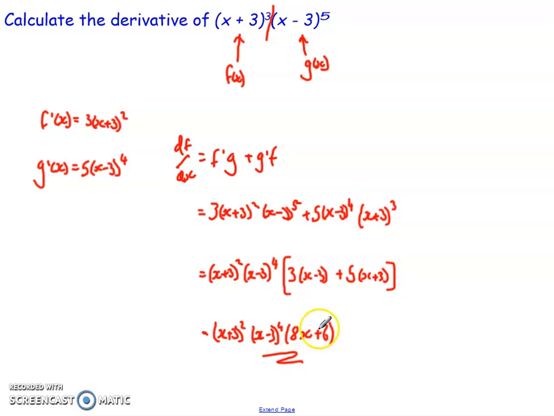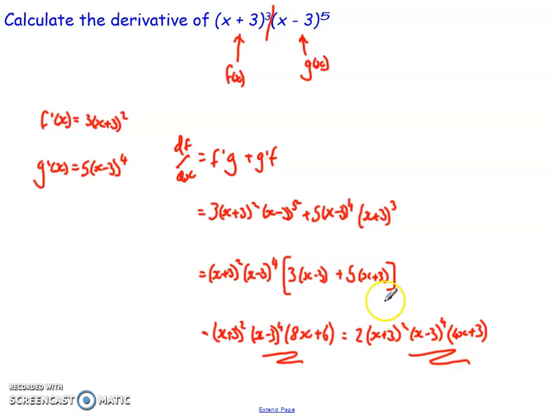If you wanted to take out 2 as a common factor from this one, you could. So I'd end up with 2(x + 3)^2(x - 3)^4, and then I'd have changed that to (4x + 3). That's fine as well. Both mean the exact same thing.